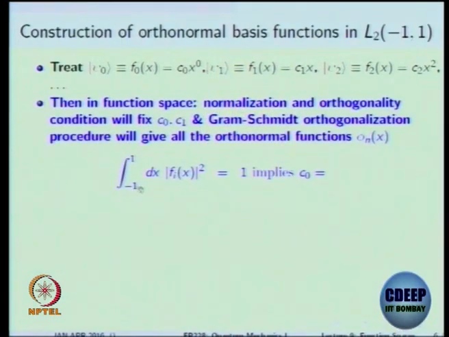Why? Because the boundary region is only -1 to +1, you are not crossing that. So x to the power of infinity can at most be 1 or -1 at the boundaries. 1 to the power of infinity is 1. So in some sense this is an allowed basis function for L2 of -1 to +1.